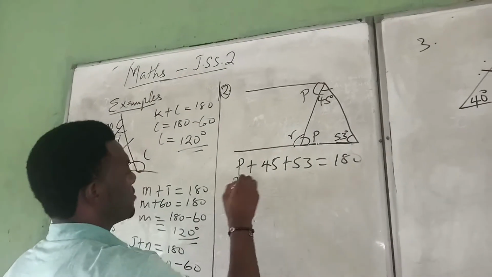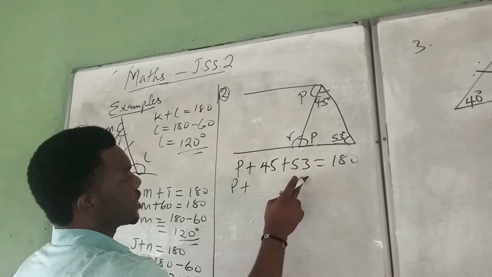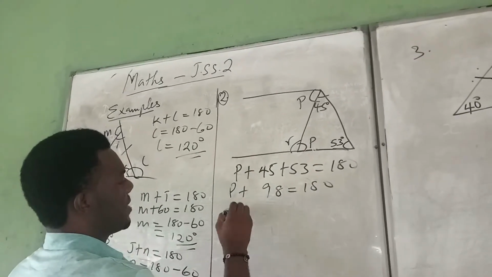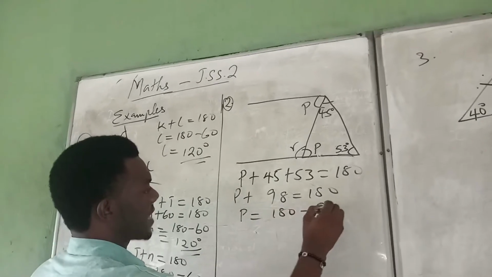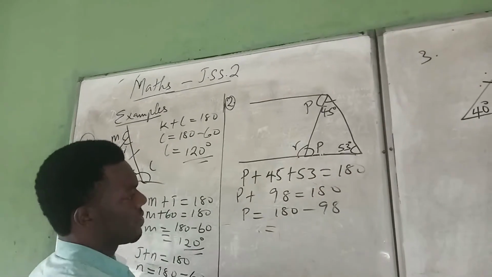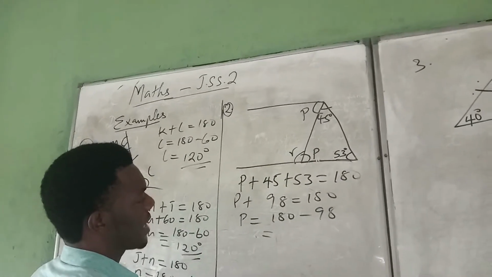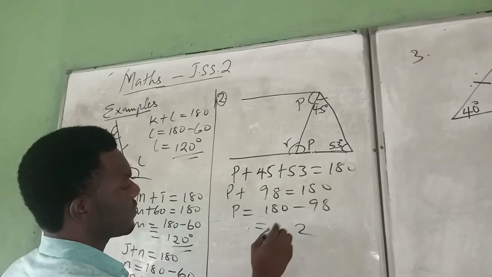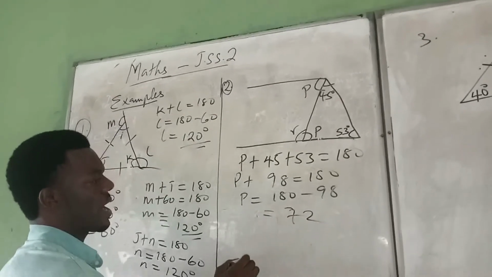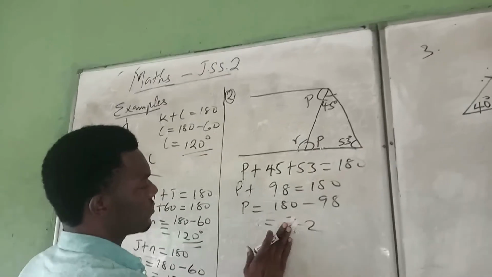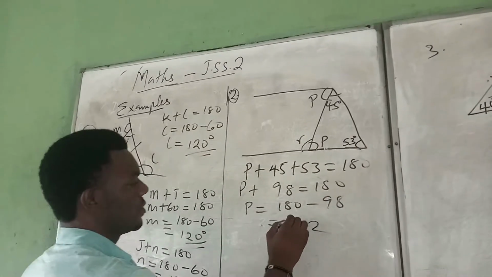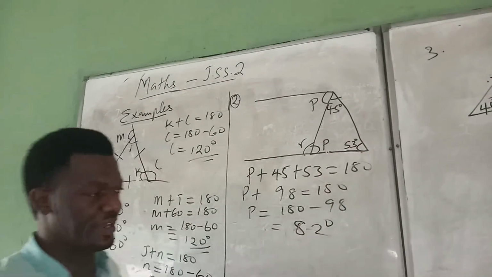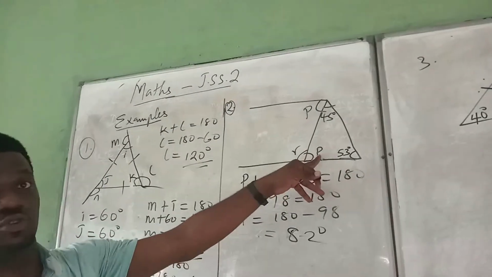So now P plus 45 plus 53, which gives 98, equals 180 degrees. So P now will be 180 degrees minus 98, which will give you 82, sorry. So now our P is equal to 82 degrees.